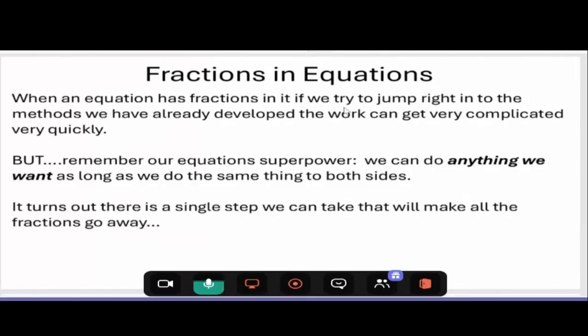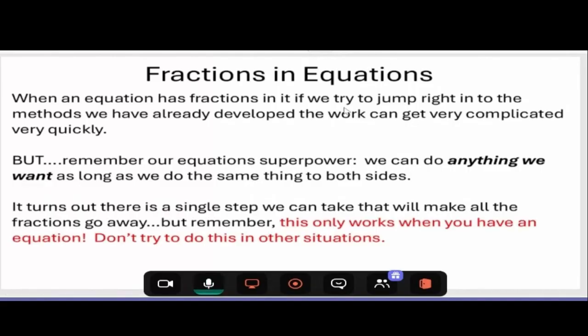Now, before I say this, and I'm going to say this a few more times probably, remember in red there, this only works when you have an equation. Don't do this in other situations. So people are working on their fraction addition, and they happen to watch me teach how to get rid of fractions in equations. And then they're like, oh, hey, I can just make all the fractions go away.